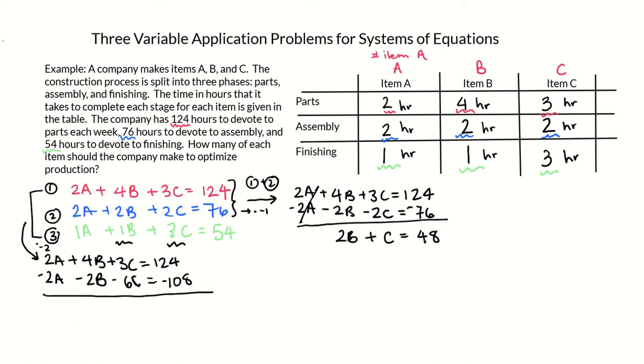And then we add these 2 equations together. A's cancel, we get 2B minus 3C equals 16.